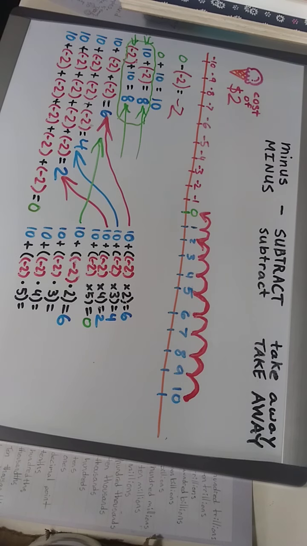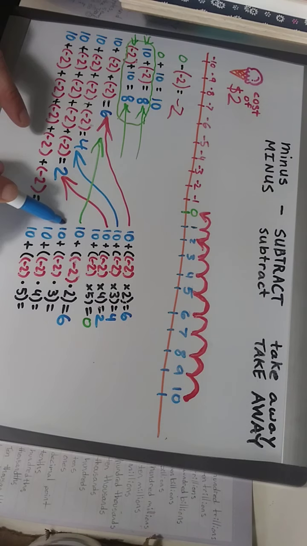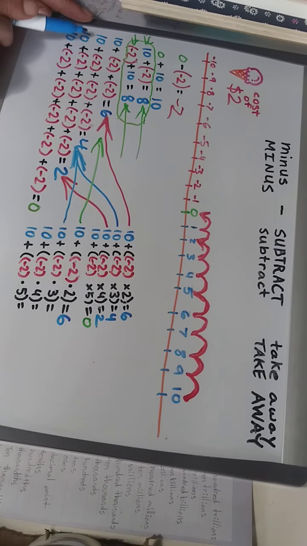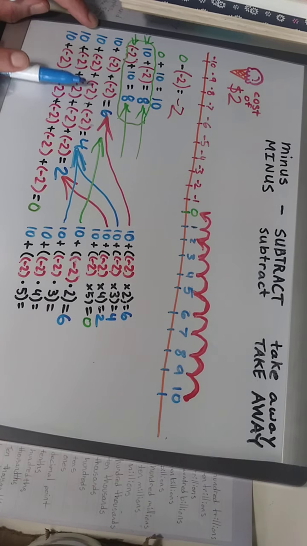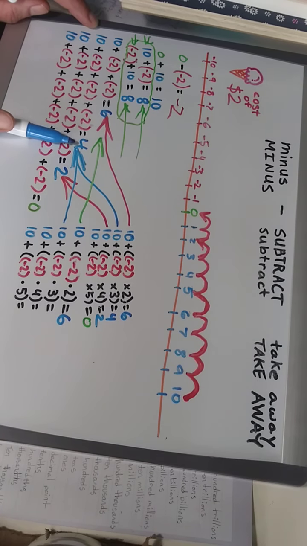And then we have 3. So 10 plus negative 2 times 3 is the same as saying 10 plus negative 2, how many times? 1, 2, 3 times equals 4.